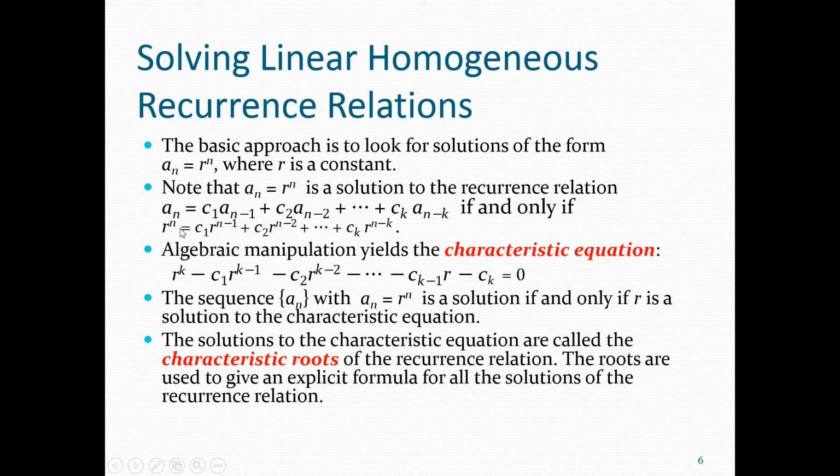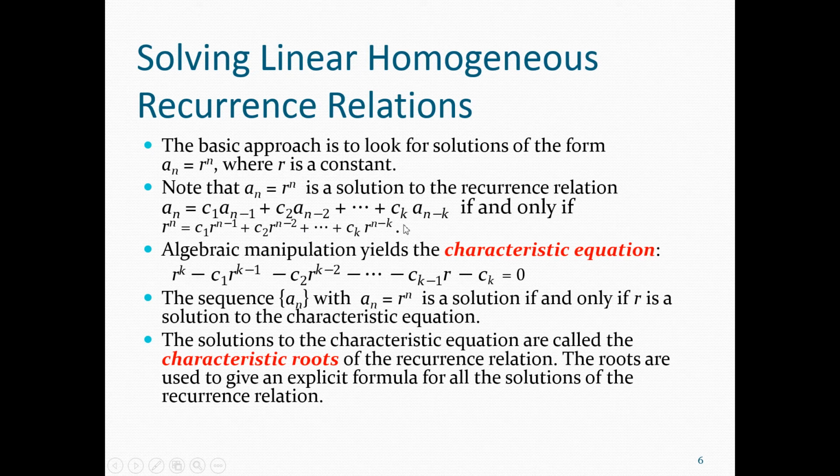So let's plug in, because we are claiming that an is equal to r^n is the solution, so it should satisfy this recurrence relation. So we have r^n, because an is r^n, c1 as it is, an minus 1 is r^(n-1), c2 as it is, an minus 2 is r^(n-2), plus so on, ck as it is, an minus k is r^(n-k).